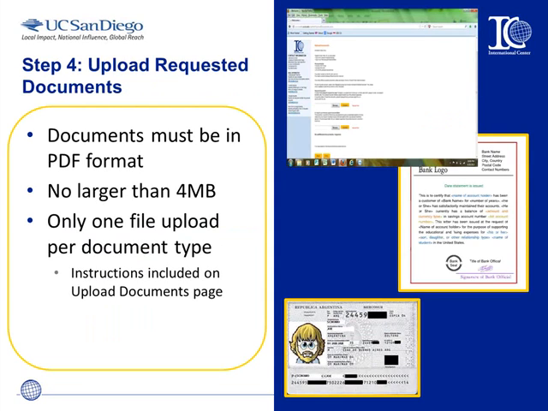Step number 4. The iPortal will ask you to upload all of the requested documents. So again, it's very important that you gather all of your documents, scan them, and create PDF documents so that you can upload them to iPortal.